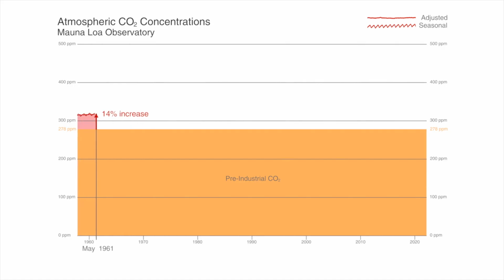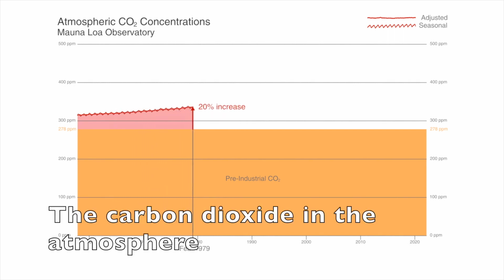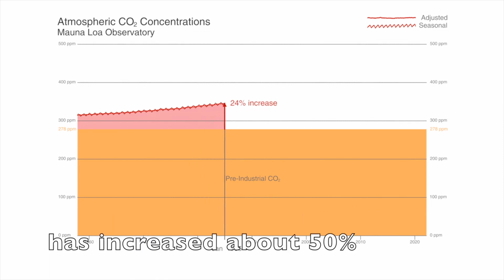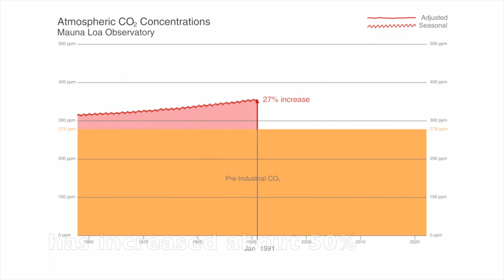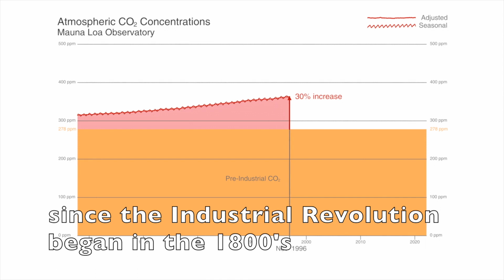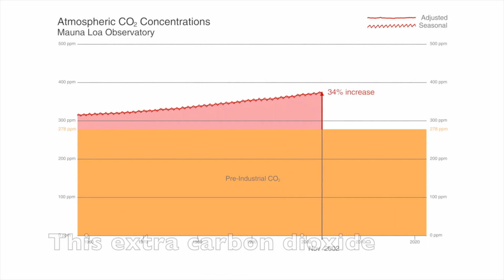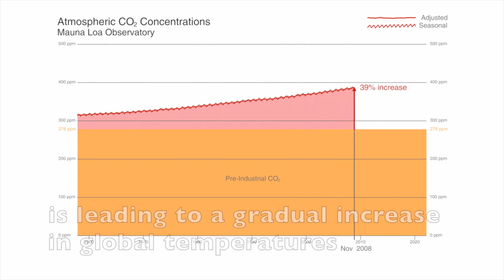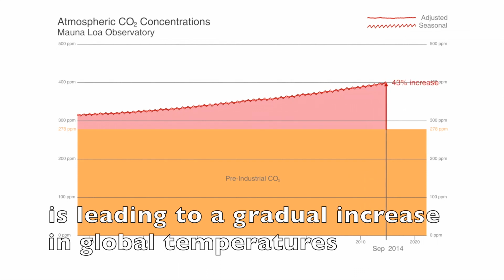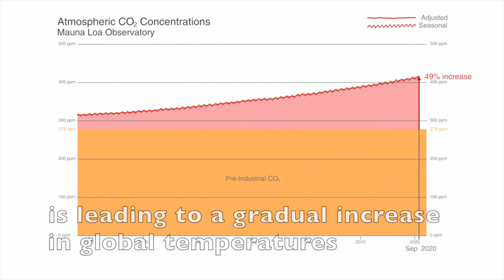This graph of carbon dioxide measurements shows how carbon dioxide levels are going up. The carbon dioxide in the atmosphere has increased about 50% since the Industrial Revolution began in the 1800s. This extra carbon dioxide is leading to a gradual increase in global temperatures.